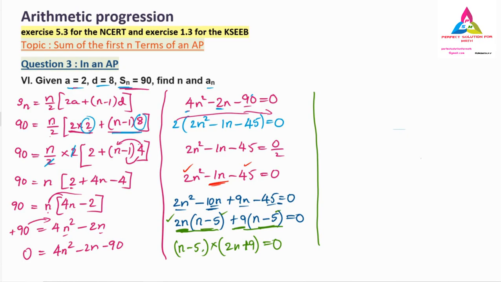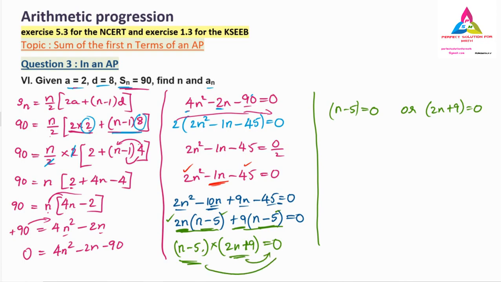So here what we have to take: n minus 5 is equals to 0 separately, or 2n plus 9 is equals to 0 separately. See, what I have done over here is nothing; I have directly written n minus 5 is equals to 0, and 2n plus 9 is equals to 0.